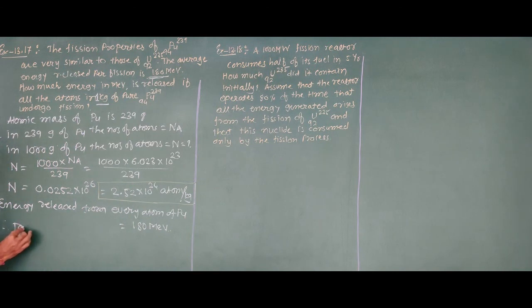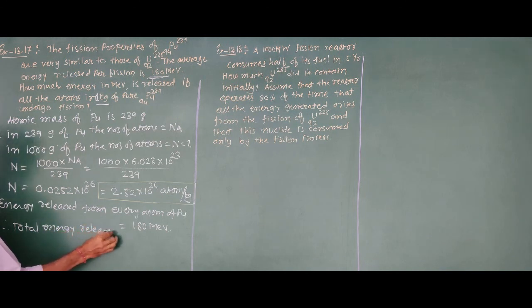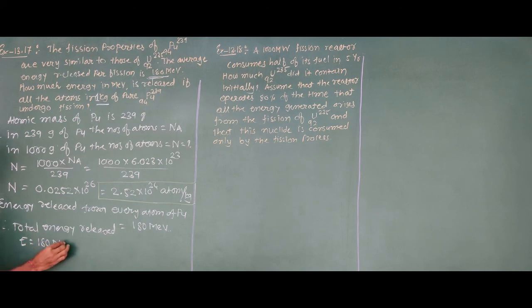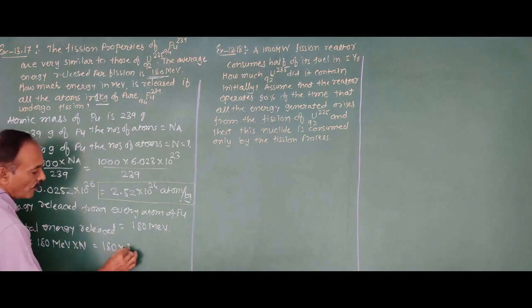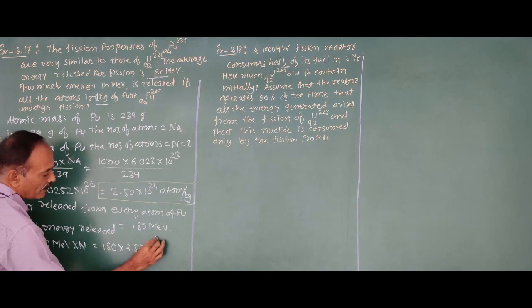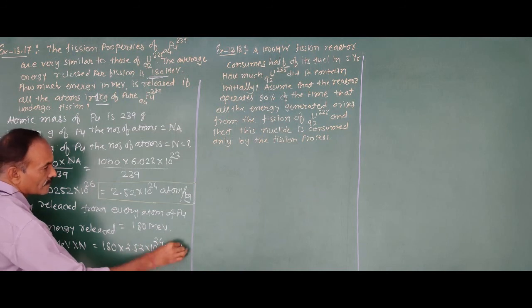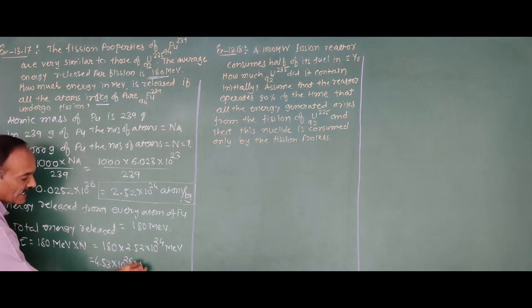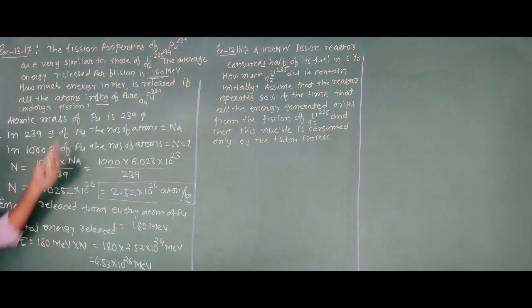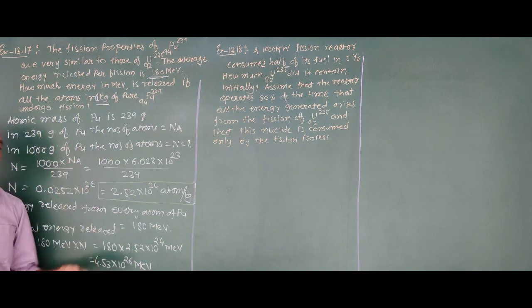Therefore, total energy released E is equal to 180 MeV into N. With the number of atoms 2.52 into 10 to the power 24, it is equal to 4.53 into 10 to the power 26 MeV. This energy is released due to the fission of 1 kilogram of pure plutonium.